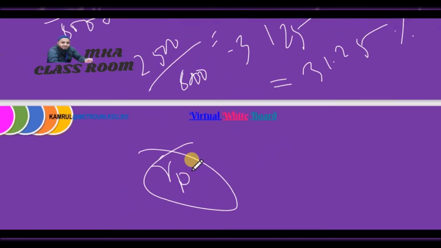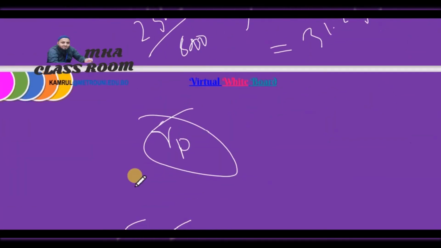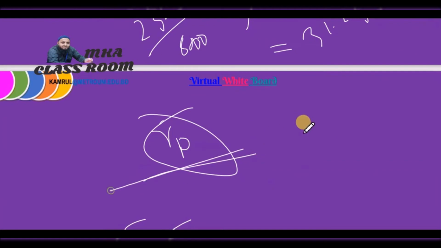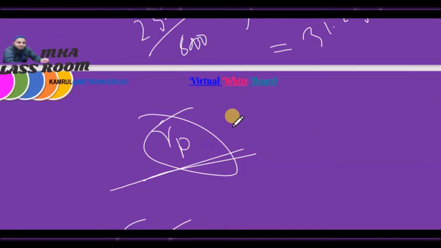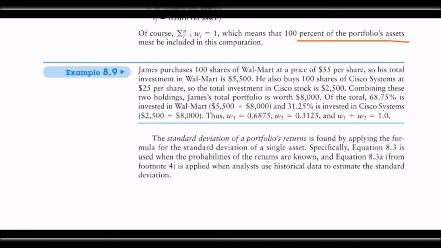We use the same formula for a portfolio and a single asset, because the portfolio's return is created from the assets' returns. That's why the formula is the same.